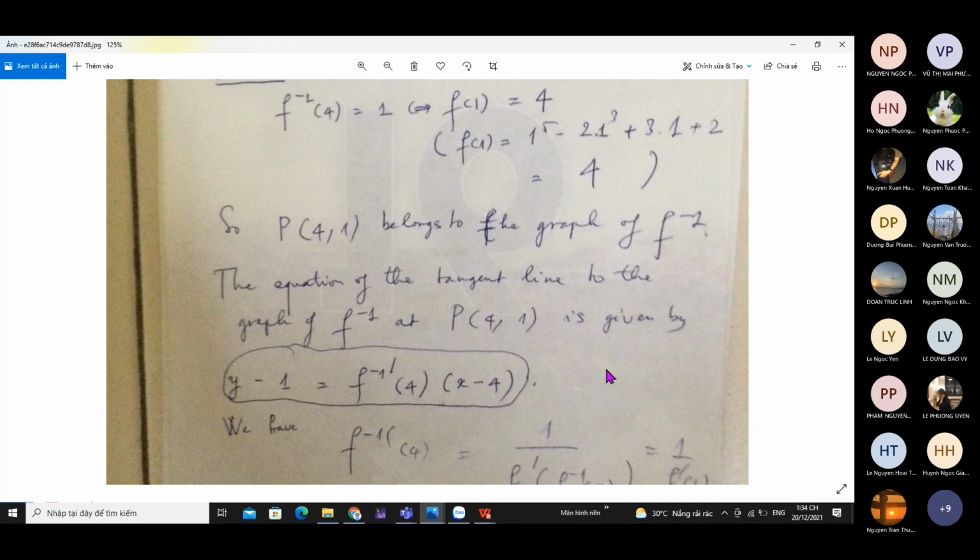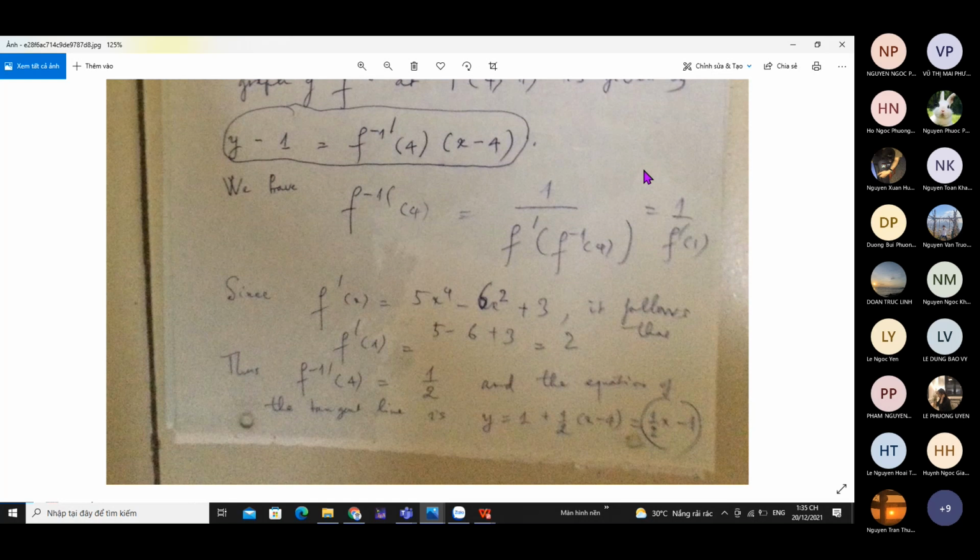So all we have to do here is find the derivative of f inverse at 4. Similarly to the above example, now we find the derivative of f inverse at 4, and we use the formula for the derivative of f inverse.